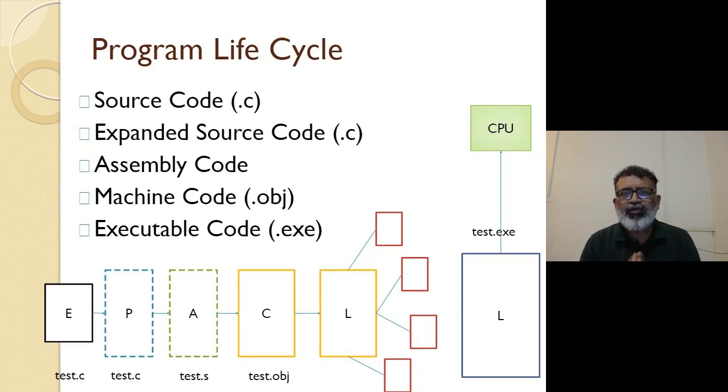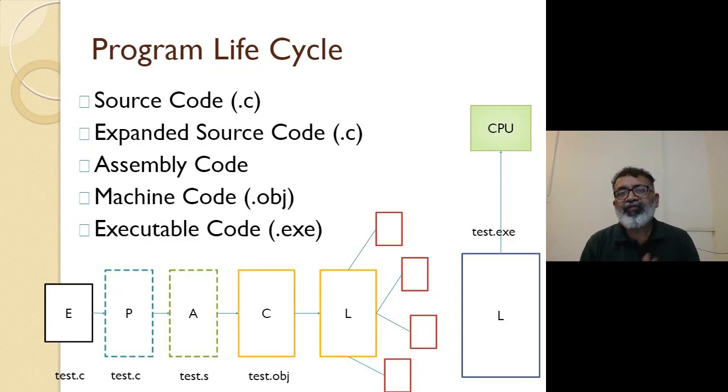Now we save that code. Suppose test is the name of our program, so that is test.c. That is rather the second step. The first step will be handwritten code, which we write on paper. Then there is a next step. Usually when we write the code, we compile it directly.